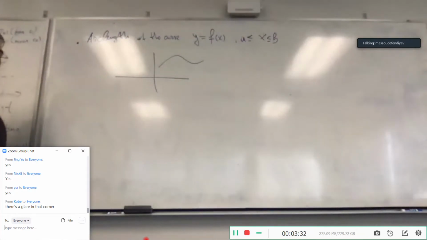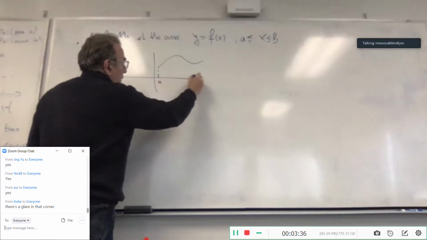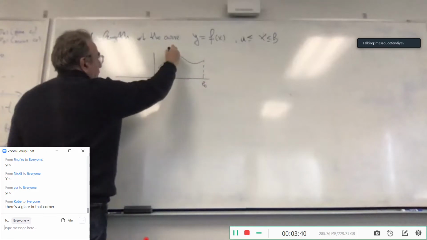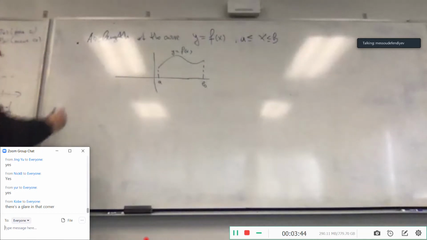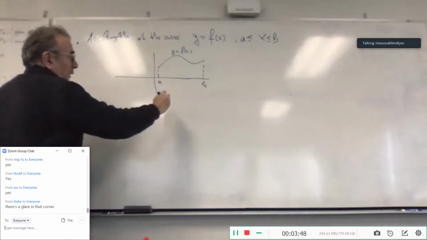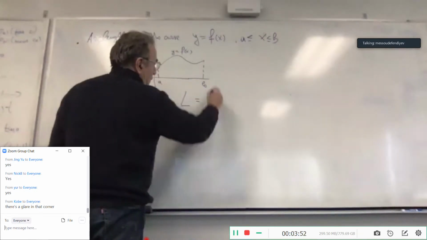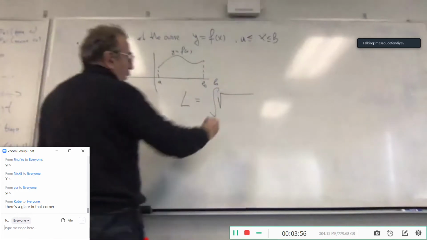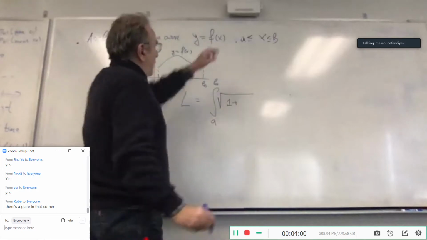We have this curve, and this is a, and this is b. So this is our function y equals f of x. Then we had the formula which is L is equal to the integral from a to b of the square root of 1 plus, and then we have to take the derivative.